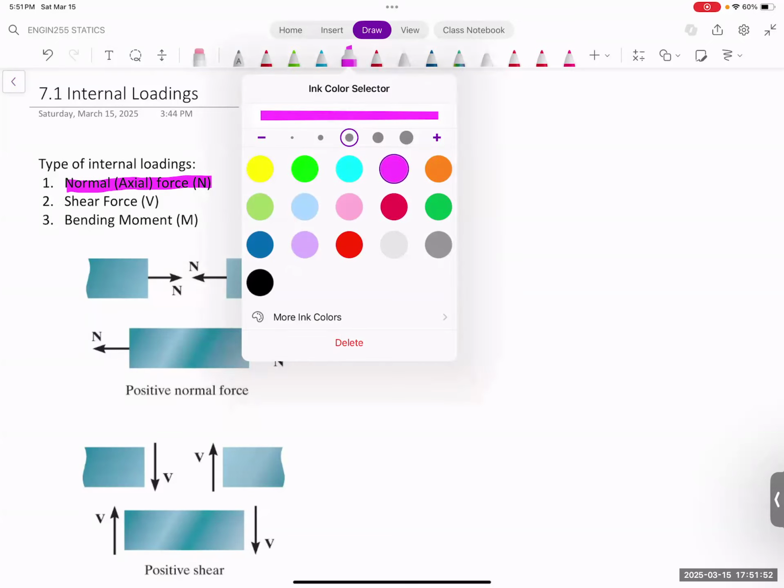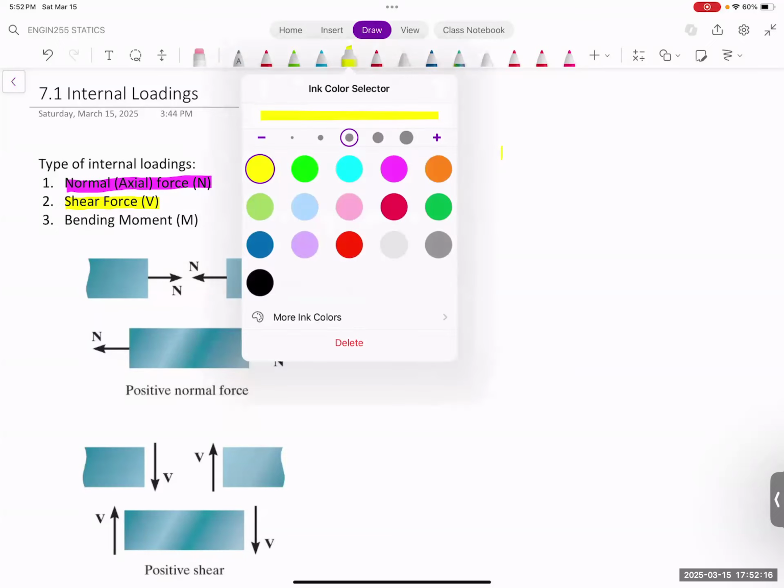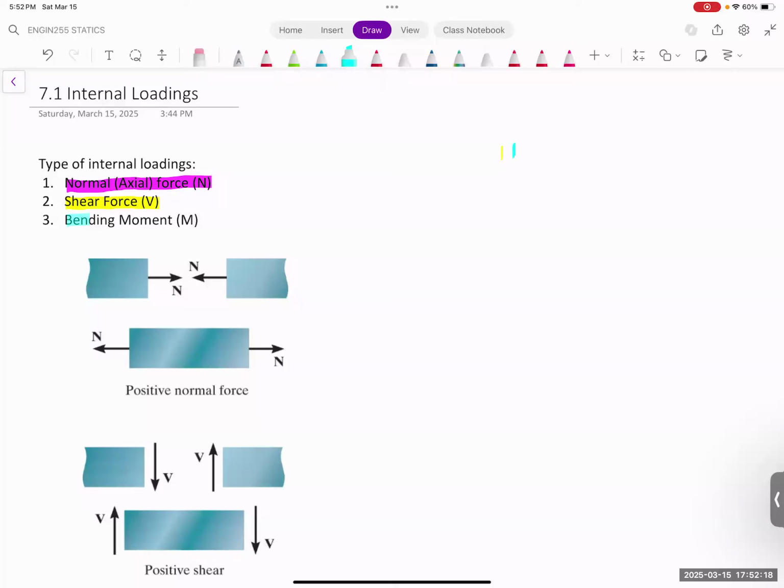The second one is the shear force, which is the force that is tangential or parallel to the acting surface. So if you apply a force parallel to the cross-section area, that is what we call the shear force. The third one is the bending moment, which is the moment that tends to make things bend.